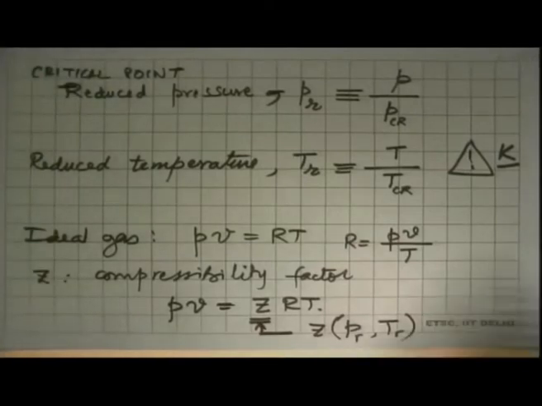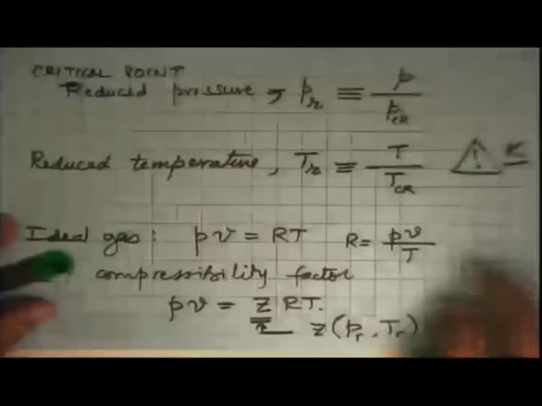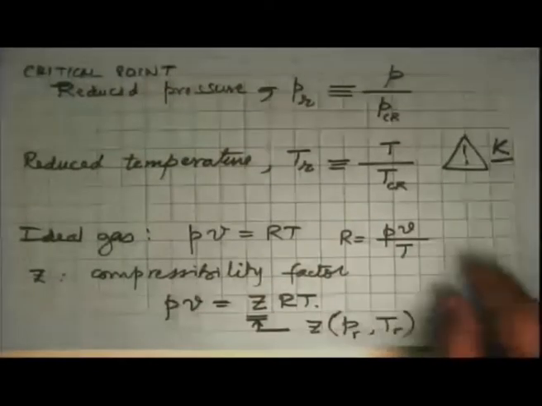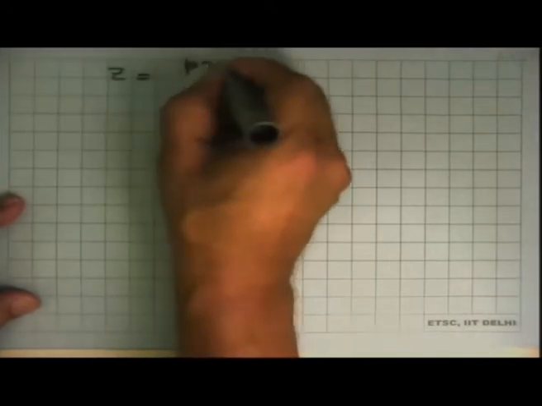Okay, so now what is Z? The thing that happens is we start with what Z actually is: PV upon RT.